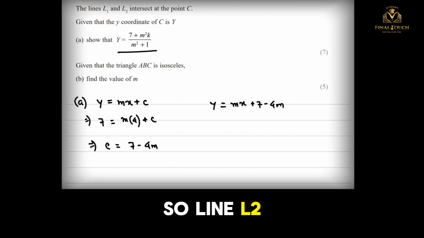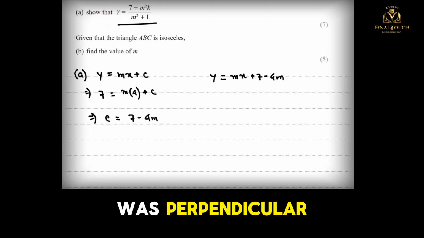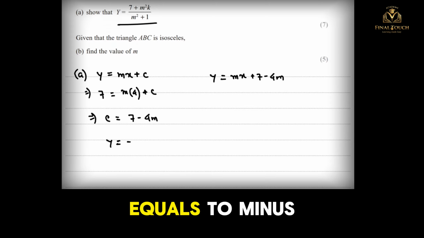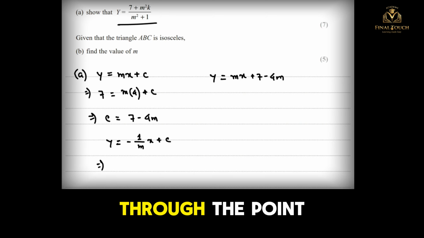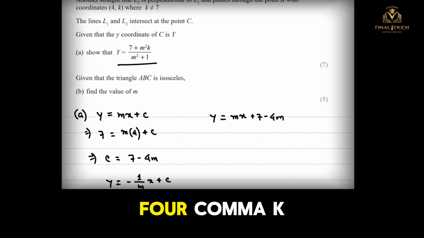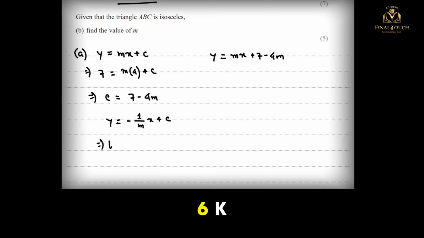Line L2 is perpendicular, so it should be y equals minus 1 by m into x plus c, and it passes through the point 4 comma k. So k equals minus 4 by m plus c.